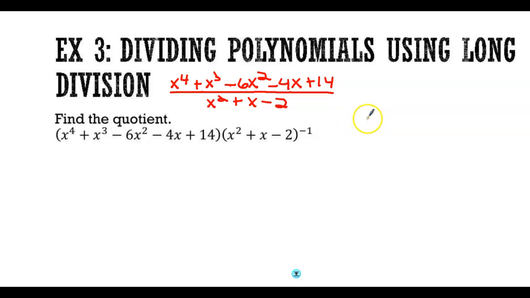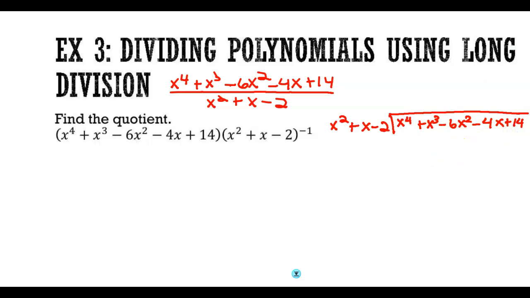All right, so I'm gonna have the outside x squared plus x minus 2, and on the inside, I'm going to have x to the fourth plus x to the third minus 6x squared minus 4x plus 14.